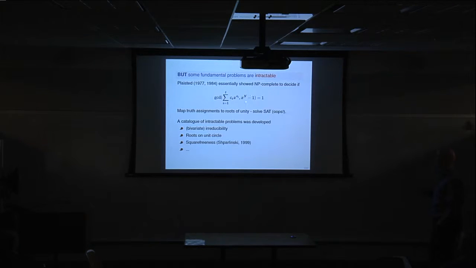Or, is it relatively prime with x to the n minus 1? It turns out that if I can do that, I can solve SAT, so that's NP complete. Then, building on this and a few other techniques, bivariate polynomials, as I just mentioned, are intractable. Asking if there are any roots on the unit circle, and square freeness, not even irreducibility, is intractable.